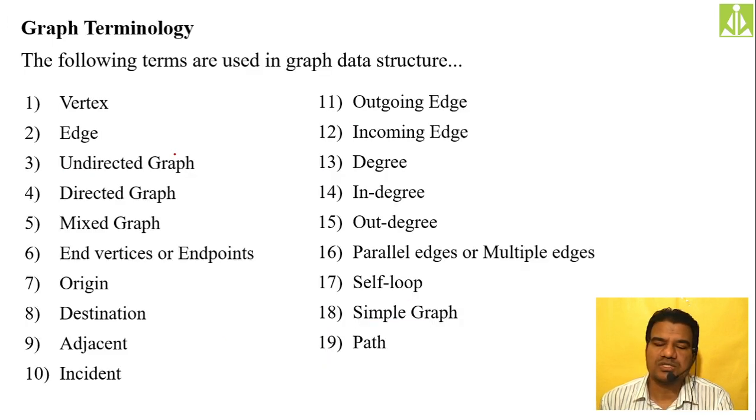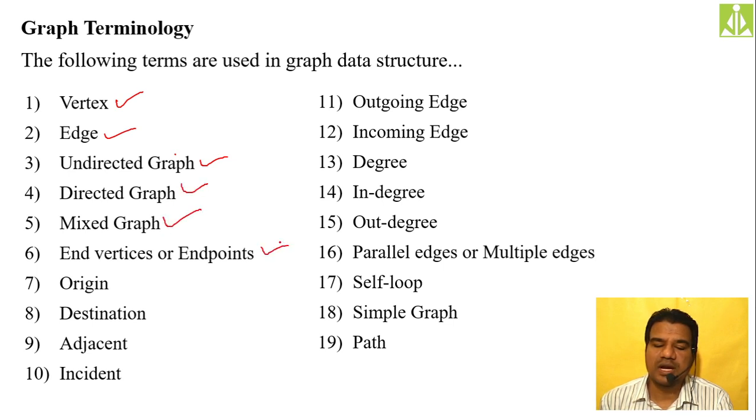So the terminology related to these graphs we have to understand. We have 19 terms in the terminology of graphs. We start with vertex, edge, undirected graph, directed graph, mixed graph.